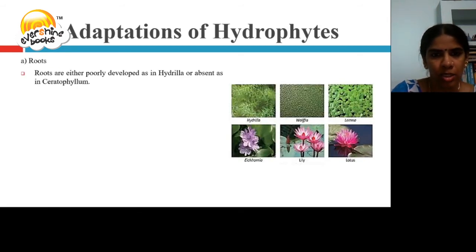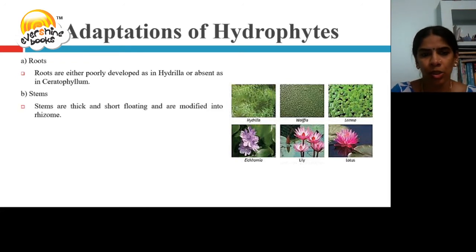Roots. Since they are fully covered with water, roots are poorly developed, because we need roots for the plant to get anchored to the soil or to absorb water. Since there is an adequate amount of water, we don't require roots. So roots are either poorly developed or absent. Next is the stem.